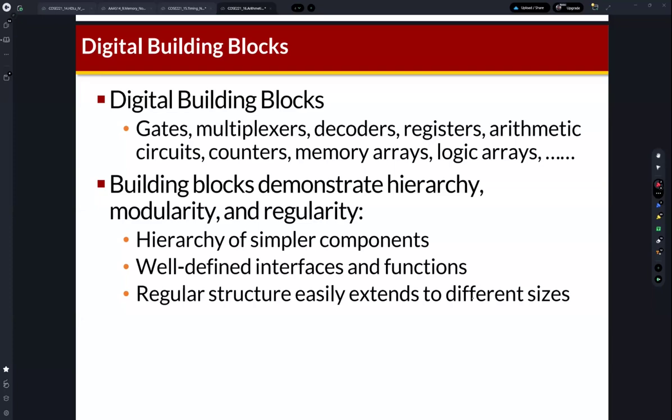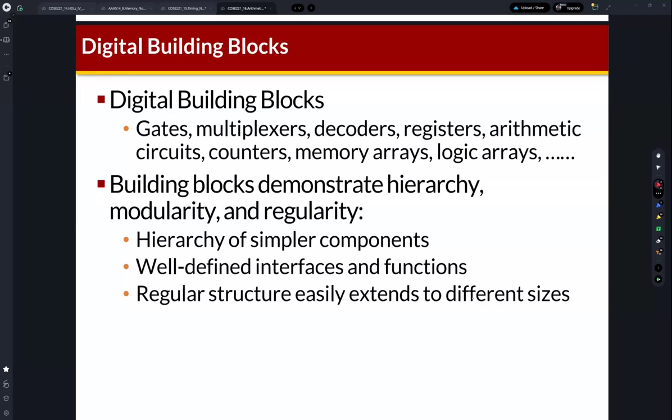Similarly, if we want to build a CPU, a computer processor, it can perform add, subtract, multiply, and so on. Computers perform arithmetic or logical operations using binary numbers.